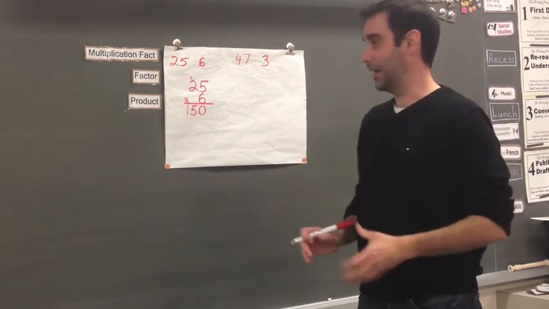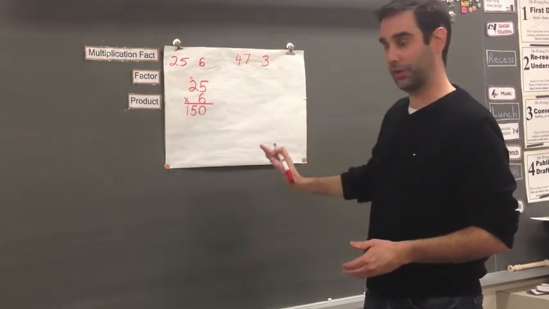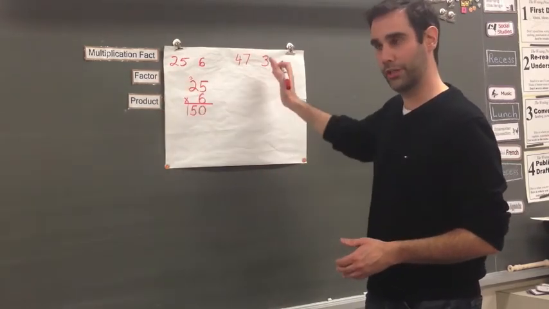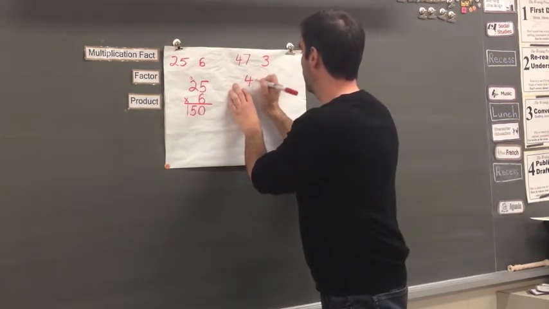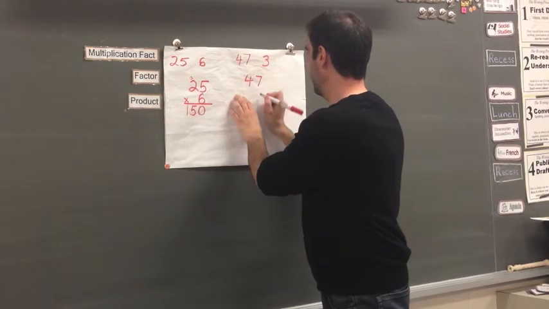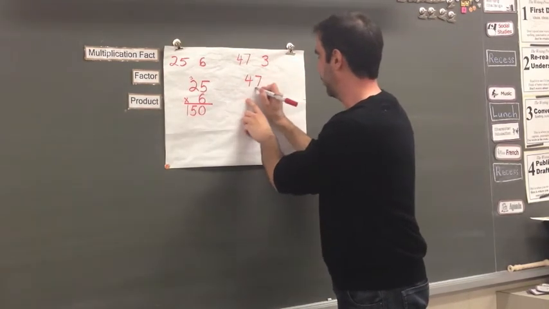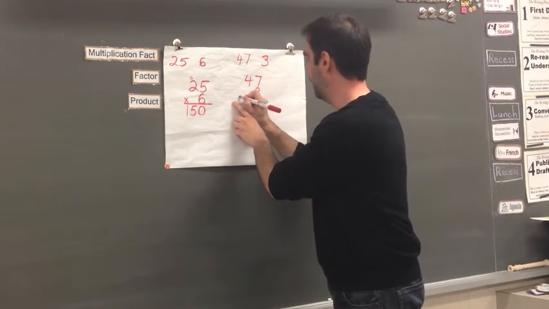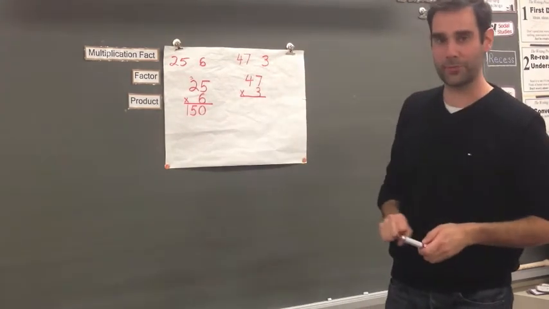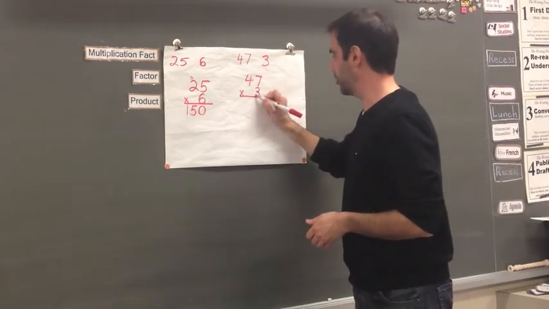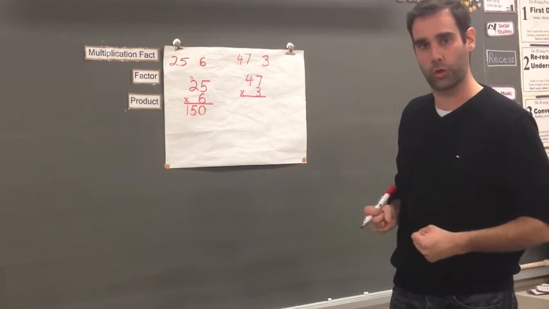Again, I need to make sure that I'm lining up my factors perfectly so that the digits in the ones columns are lined up. 47, and then right underneath the 7, because it's in the ones column, I'm going to bring the 3. Nice and lined up, bring my line, multiply. Make sure you have it set up nice and neat like this. Make sure it's not too small and crunched up. You want to make it nice and big so it's easy to work with.